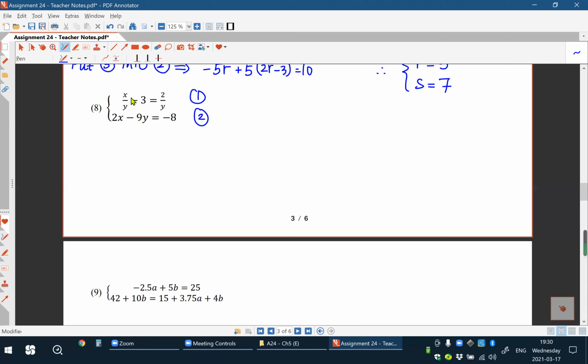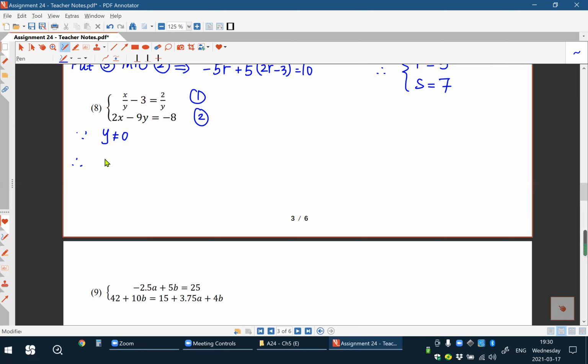Note that y cannot be 0, right? Because if y is 0, it is not a solution to the first equation, because y is a denominator. Denominators cannot be 0.